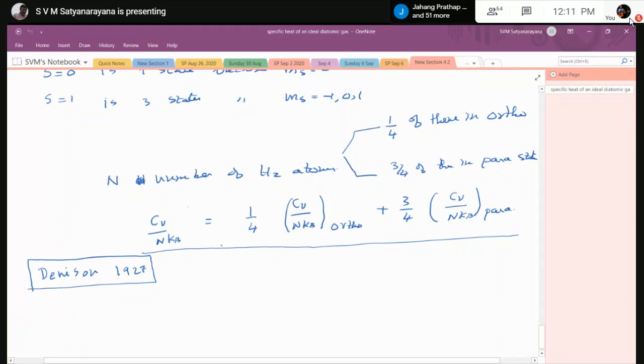That means already the identical particle nature of hydrogen is incorporated, which comes only in quantum statistical mechanics. But this is one particular experimental situation where the quantum statistical considerations are required. Already the identical particle nature of the hydrogen atom is important.